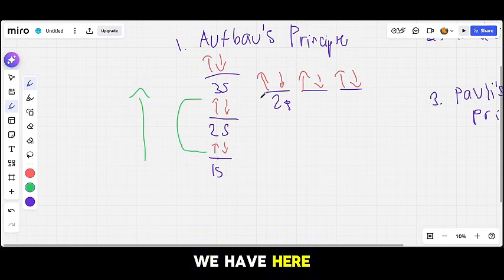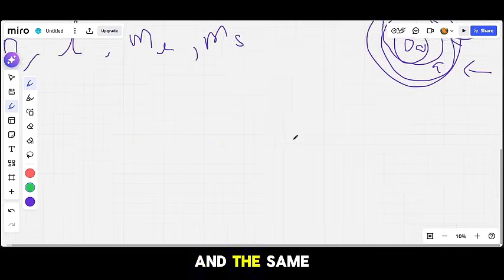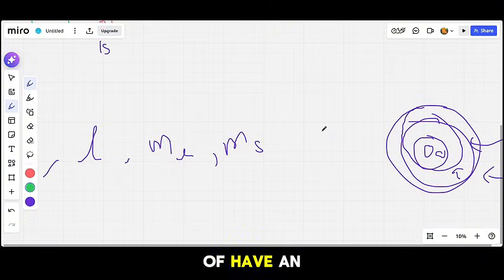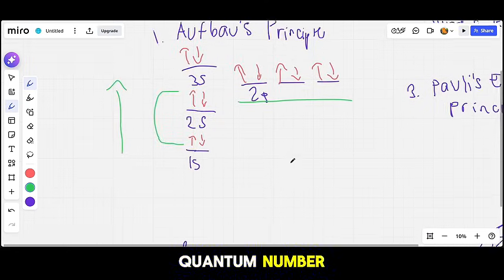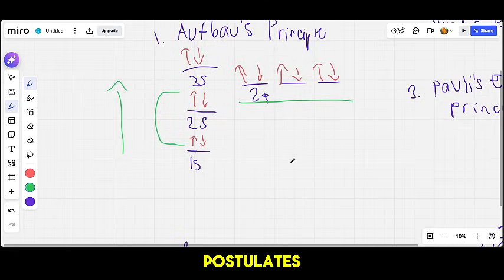So we can have a connection here with the spin magnetic quantum number, which describes the electron spin. Whenever there is an ms equal to 1/2, that is called the alpha electron. So if you see here, you can see here, right?